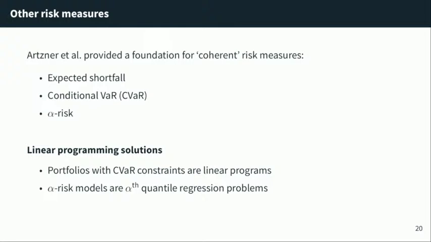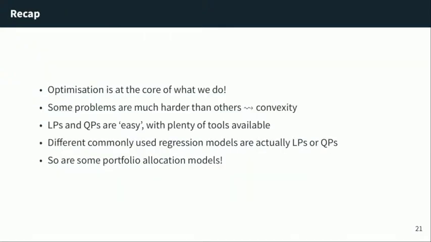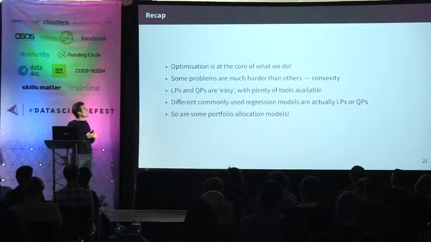So all of them, in pretty much the same way as the Markowitz allocation, are solved as linear programs rather than quadratic. And the alpha risk models are actually quantile regression problems, or combinations of quantile regression problems. So that's pretty much it.